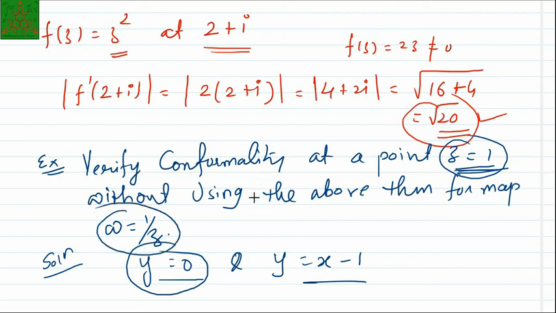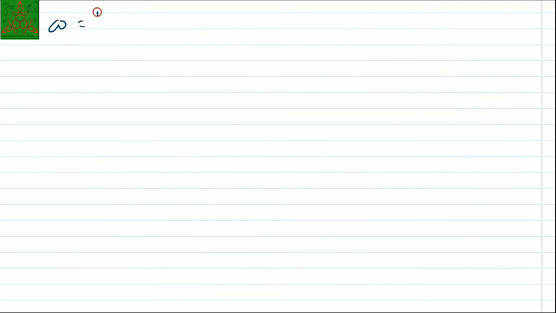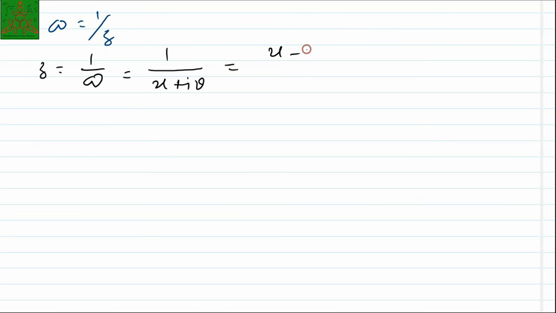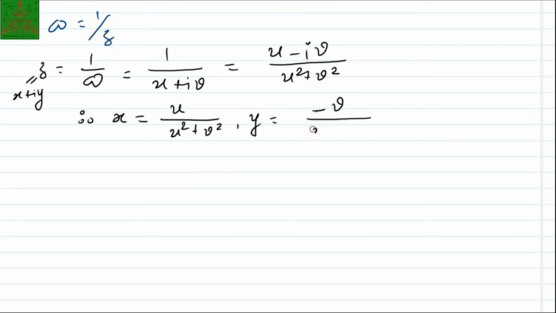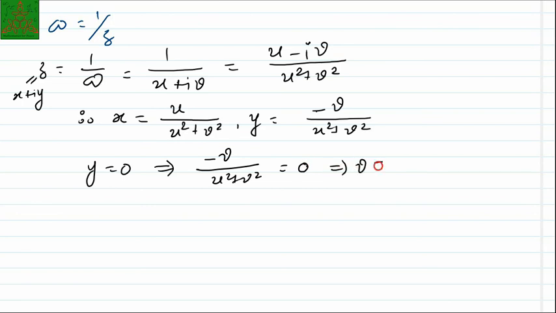Since w = 1/z, we can write z = 1/w, which is 1/(u + iv), and hence this is (u - iv)/(u² + v²) by multiplying by the conjugate. Therefore, considering z = x + iy, x = u/(u² + v²) and y = -v/(u² + v²). So y = 0 implies -v/(u² + v²) = 0, which means v = 0.